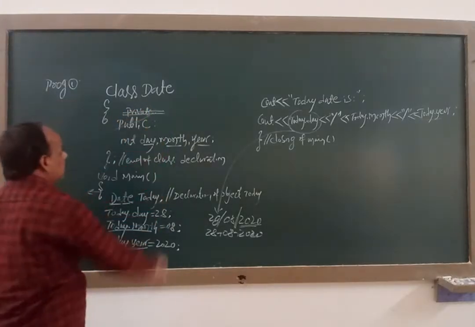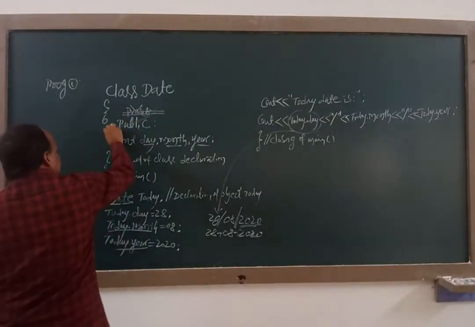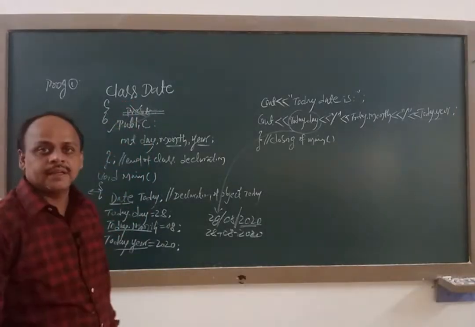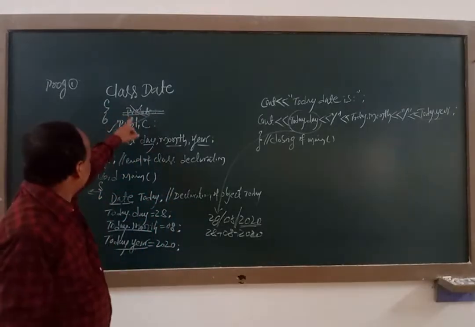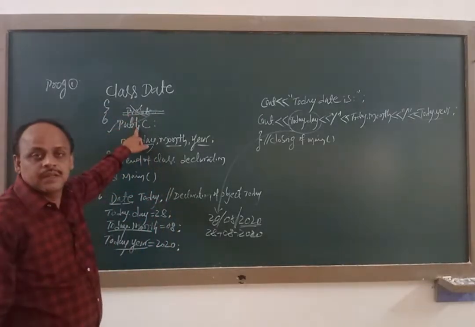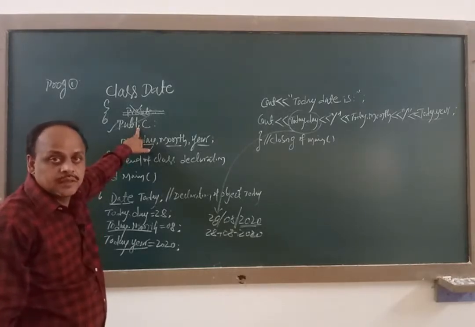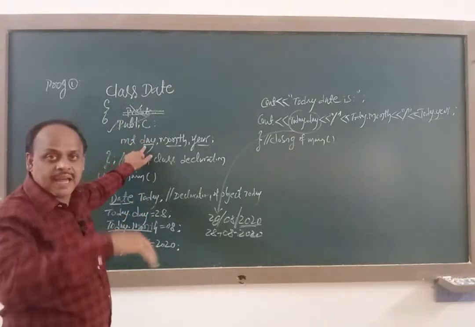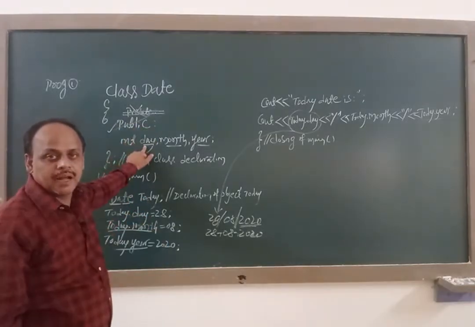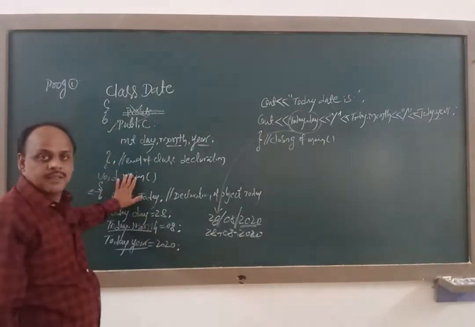We have to write public only. Why? Suppose we write the access specifier as private, it means the data members that come after it are accessible within the class only.